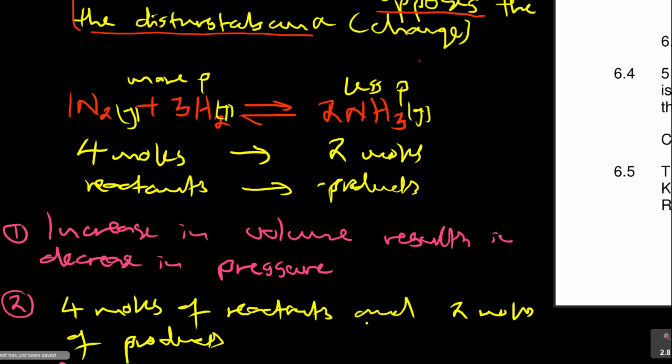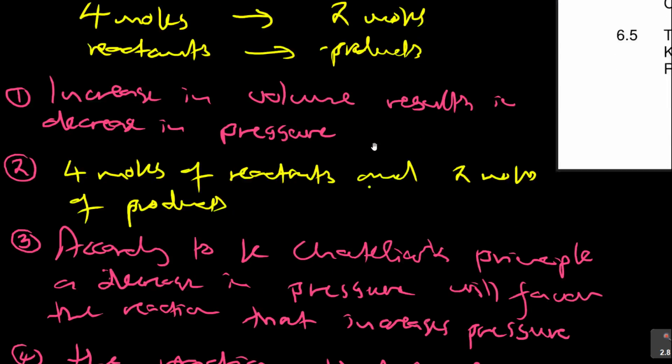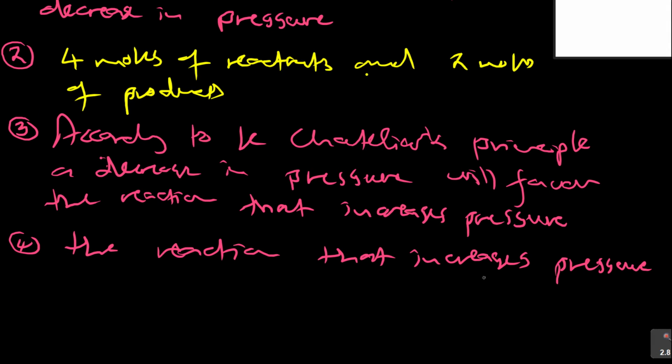This is where the reaction will go. Are you seeing that? So the reaction that increases pressure, you can put in brackets, the backward reaction, the reverse. A reverse reaction.